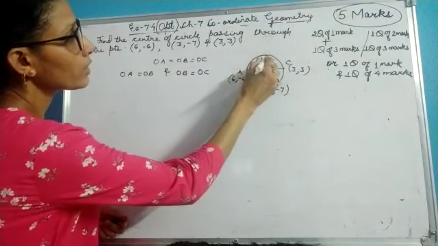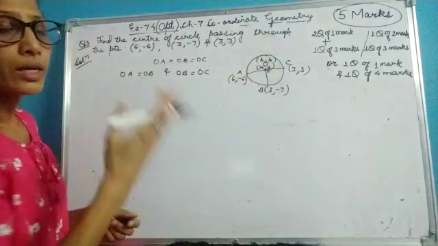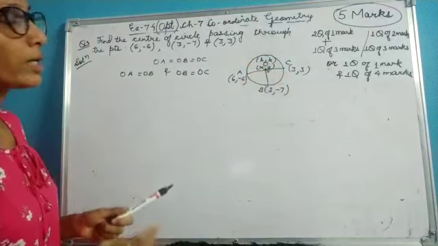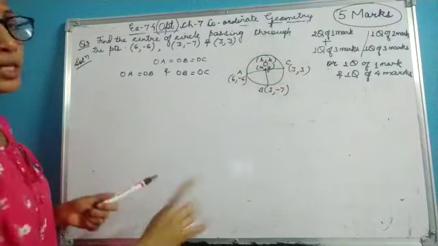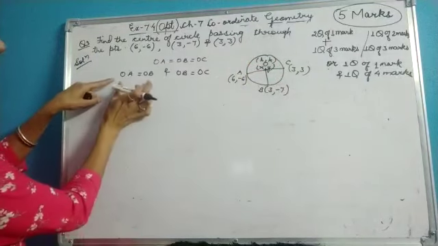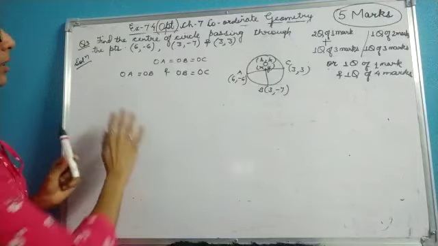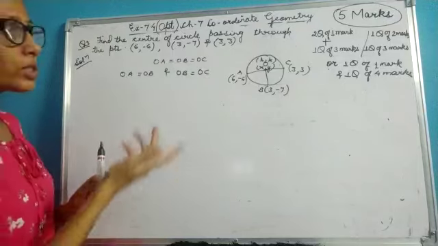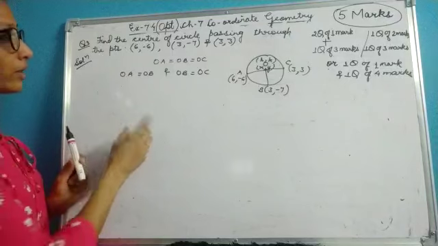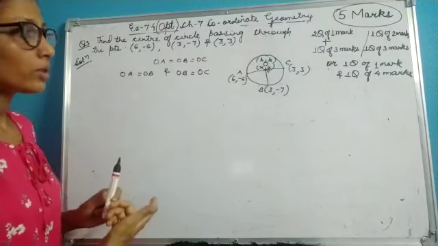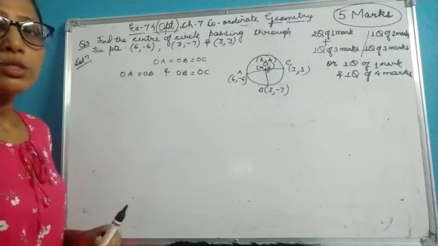You can take it as h comma k. Any variable you can take. It's not always necessary that you have to take x comma y. You can take it h comma k also. Okay. So find out OA equal to OB and OB equal to OC. I will get two equations and then I will be finding out the equation by substituting one equation in the other equation. Let's see how we can do the solution.